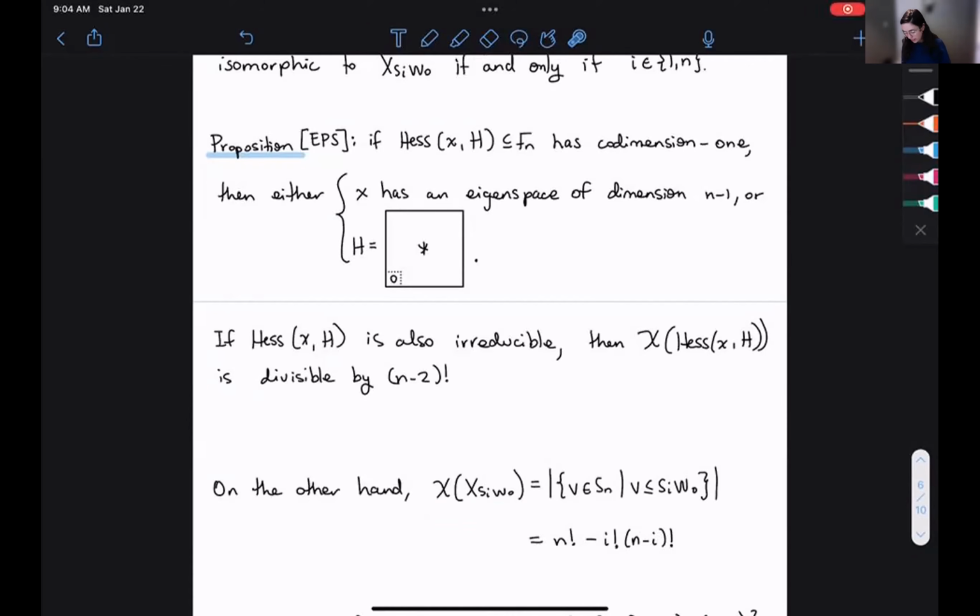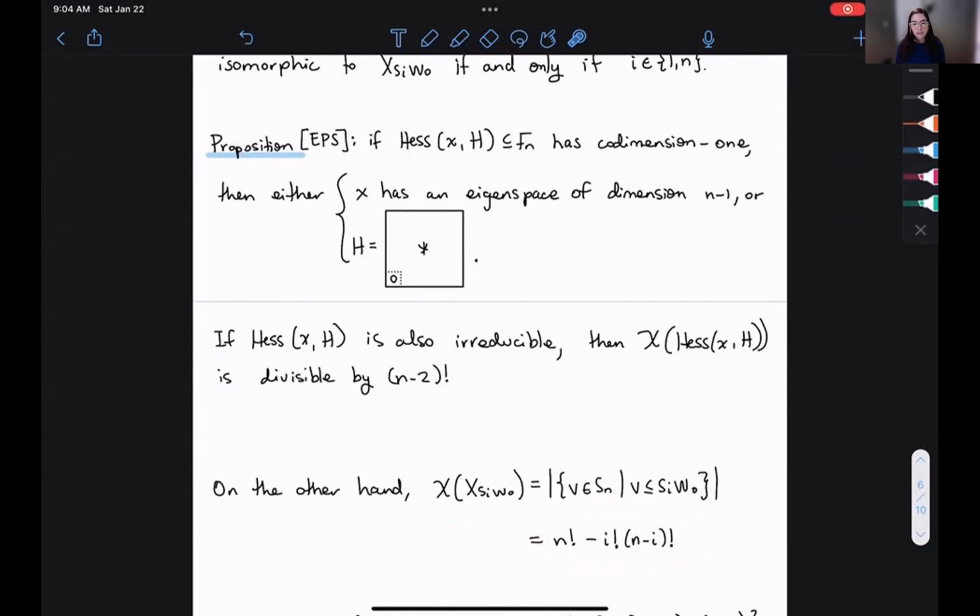So it's the set of permutations that are less than or equal to s_i w_0 under the Bruhat order. And one can count that, as an exercise, to see that this is equal to n factorial minus i factorial times (n minus i) factorial.